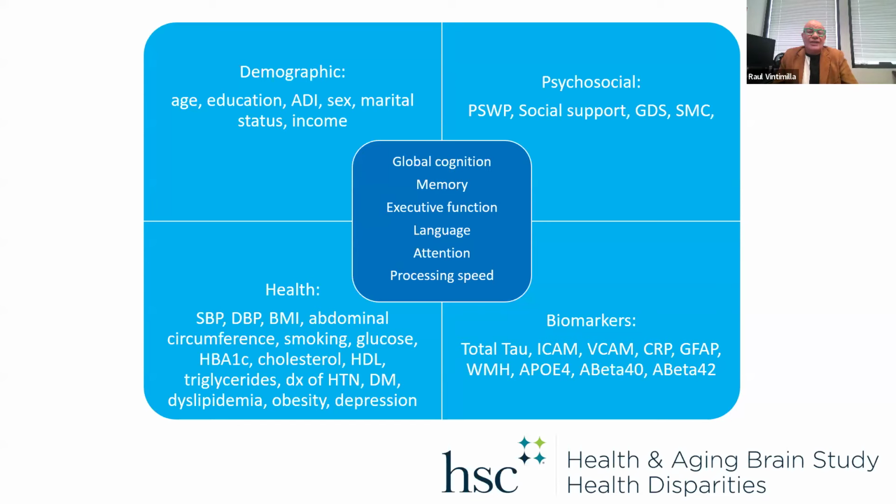We have a few psychosocial measures of stress, social support, worry scales, depression scales, subjective complaints, and blood biomarkers associated with AD like tau, A-beta 40 and 42, inflammatory biomarkers, and we used white matter hyperintensity as a biomarker of brain small vessel disease.